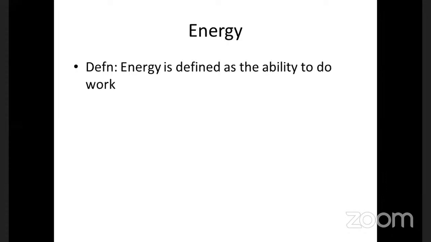Joules. Yes, the SI unit of energy is also joules, because the work that is done is usually converted to energy. It is because of that that energy and work have the same SI unit. So the SI unit of energy is also joule.